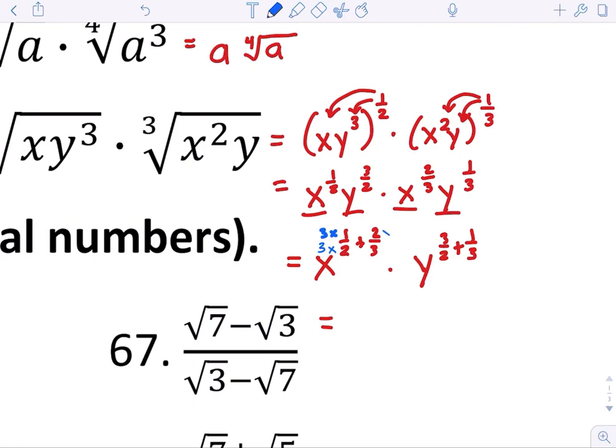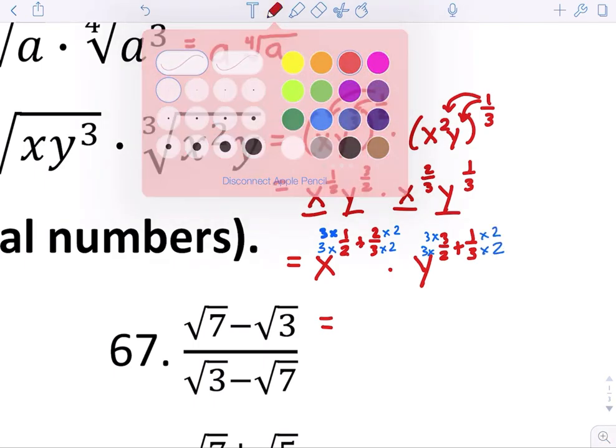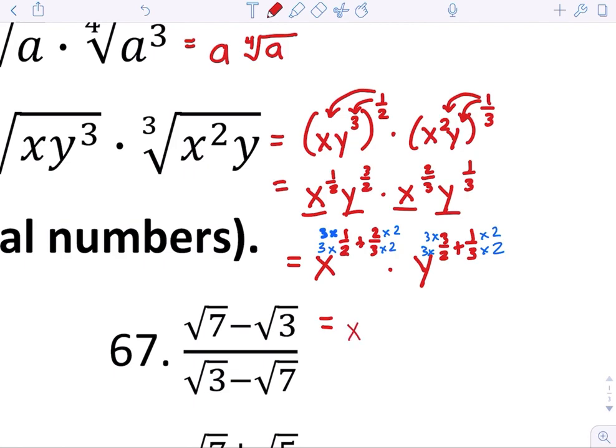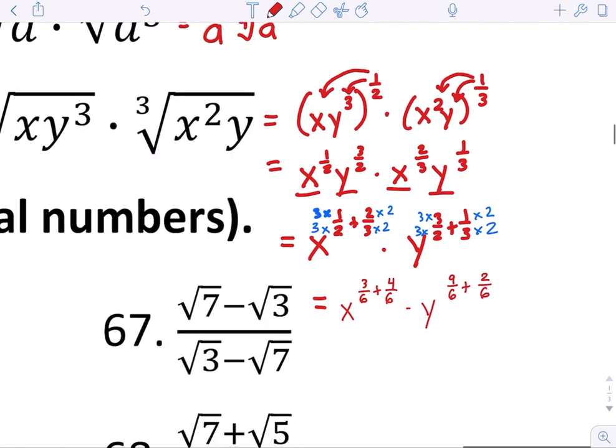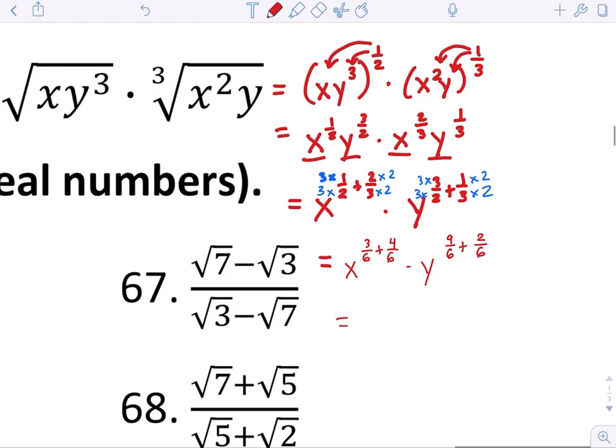And for this one, we're going to multiply top and bottom by 2. For this one, top and bottom by 3, top and bottom by 2. So we're going to get x to the 3/6 plus 4/6 times y to the 9/6 plus 2/6. So we're going to get x to the 7/6, y to the 11/6.